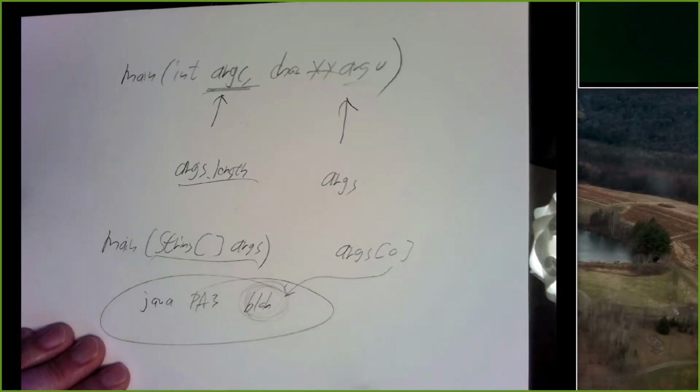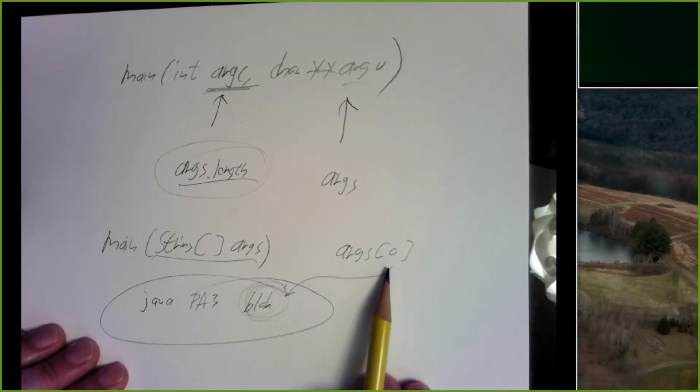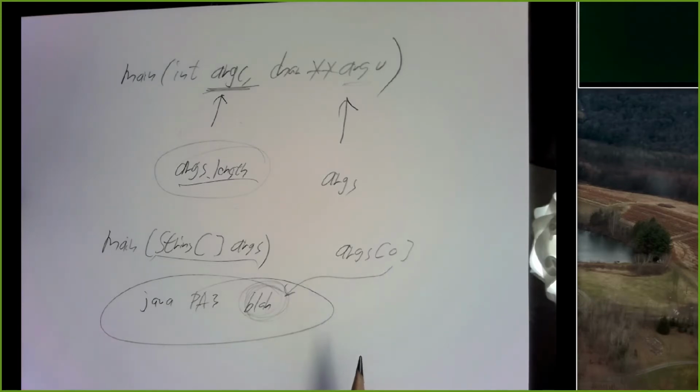So in the start of PA3, I would check args.length. If it's equal to 0, my file is 20q.txt. If it's equal to 1, my file is whatever args bracket 0 is. If it's 2 or greater, the person put extra stuff on the command line, I would just yell at them and exit and say, hey, you can put 1 argument or no arguments.